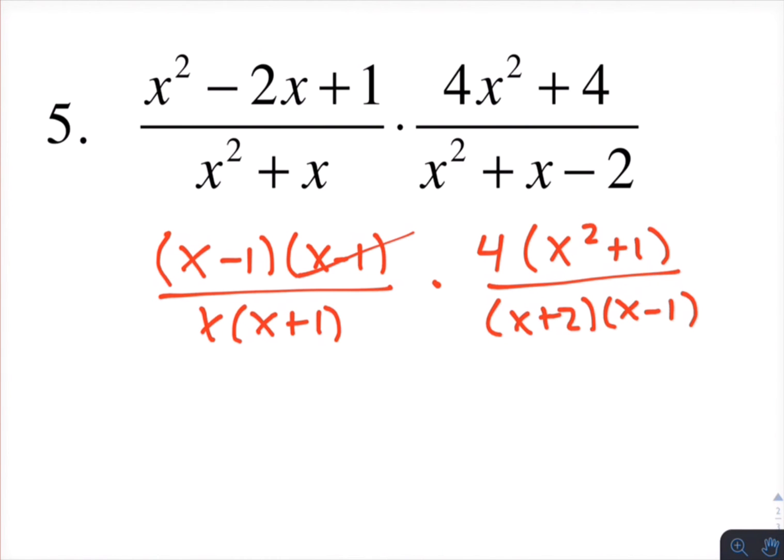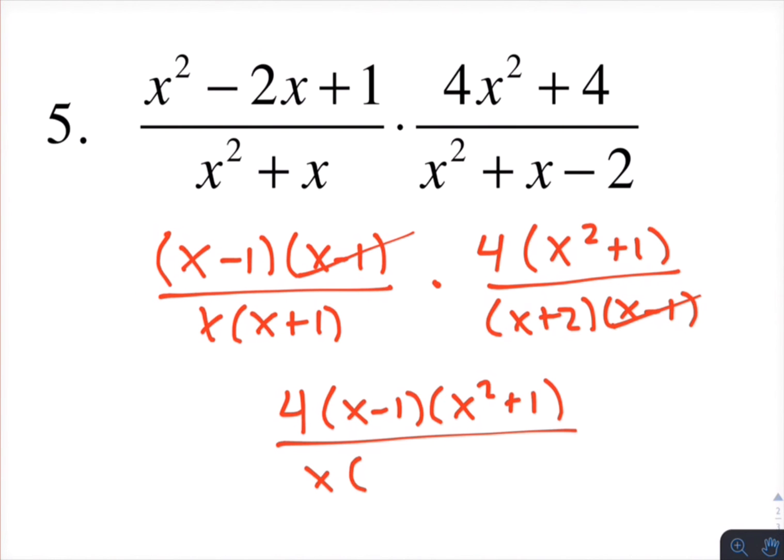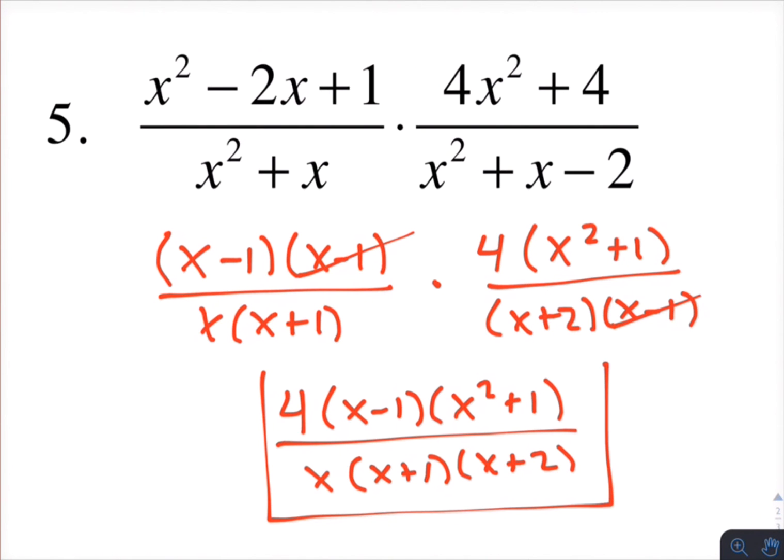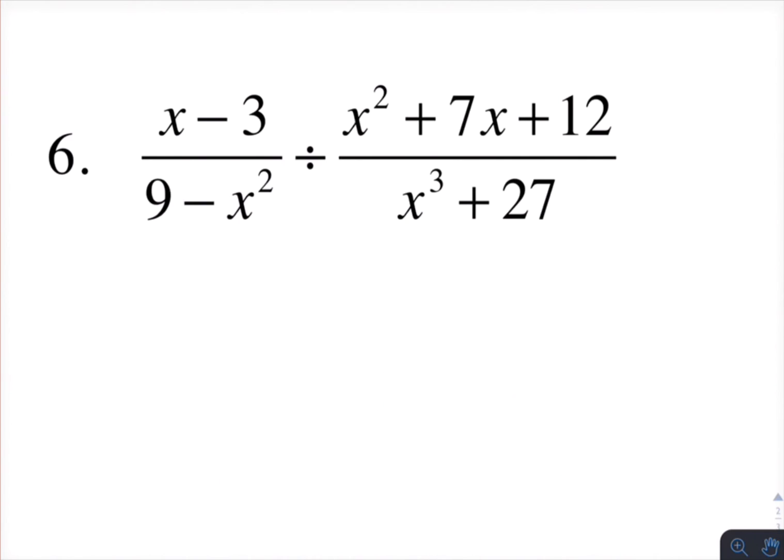So these x minus 1s will go. Everything else stays. So this doesn't look very simplified, but this is the simplified form.